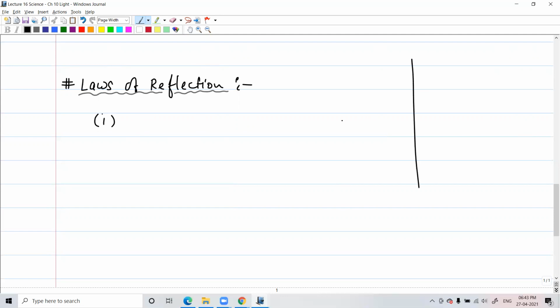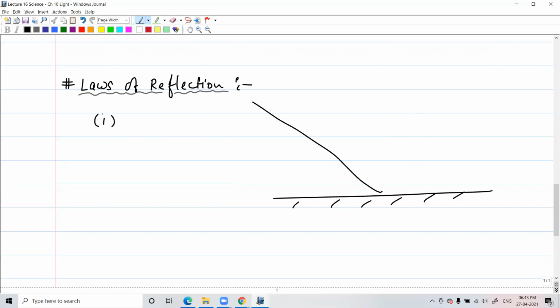Whenever light bounces off some surface, let's say this is a mirror, and this is your incident light. Incident light means the incoming light, the light which is coming to the surface. So, whenever light comes to the surface, at the point where the light hits the surface, at that place we can draw a normal.